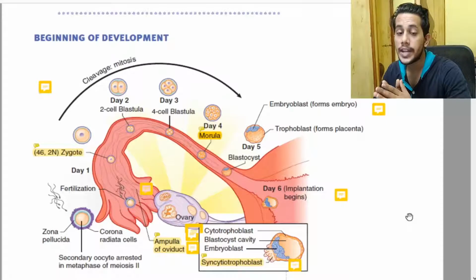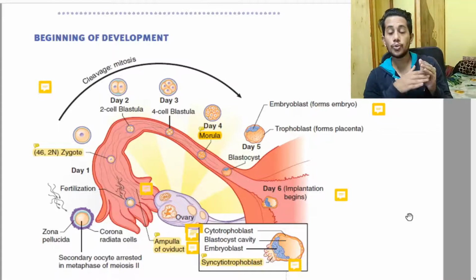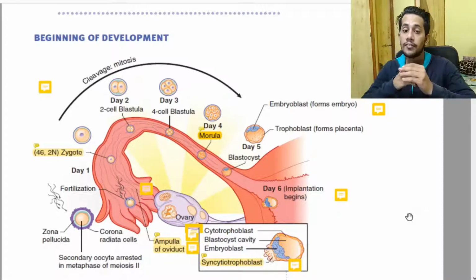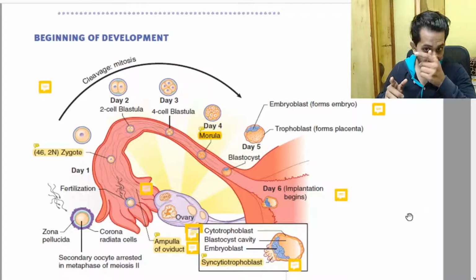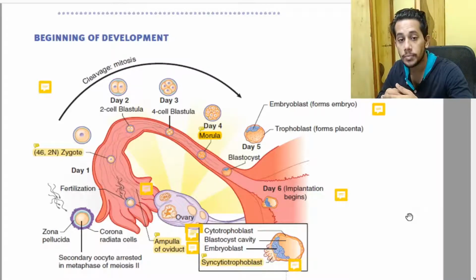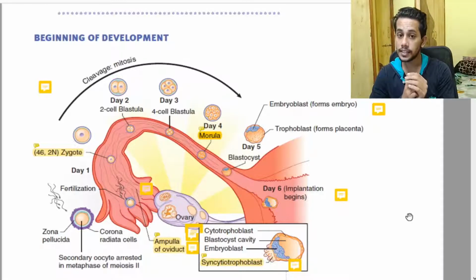Now on to day 6, when the process of implantation is supposed to occur. So going back to day 1, remember when I said we can have an ectopic abdominal pregnancy, when the egg just releases into the peritoneal cavity, then it will still fertilize, and on day 6 the egg or the zygote, or we call it blastocyst or whatever, will of course attach itself to another surface.